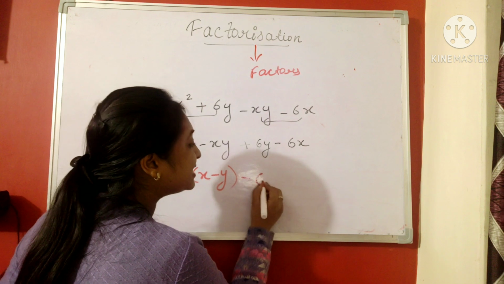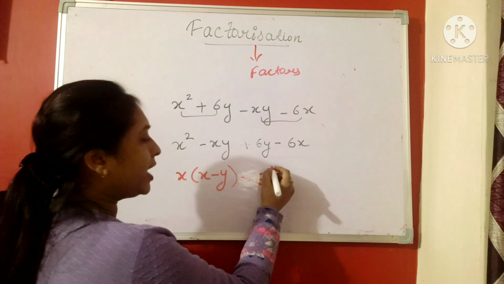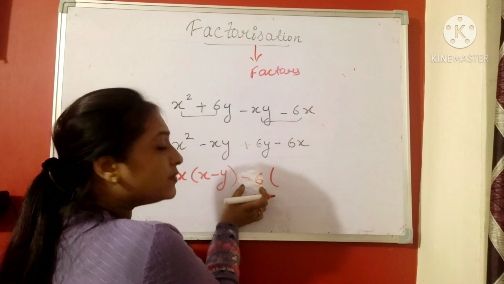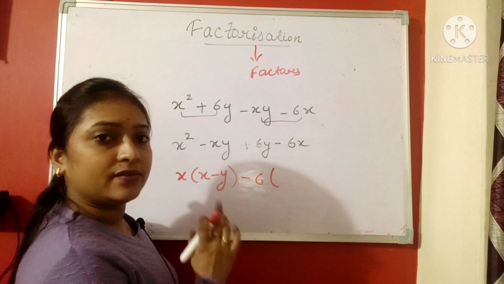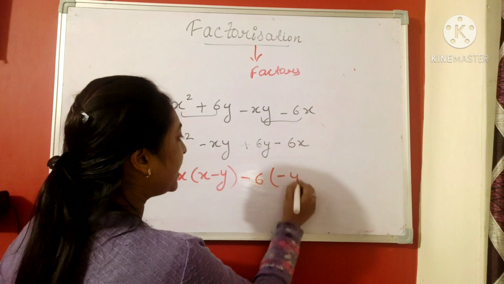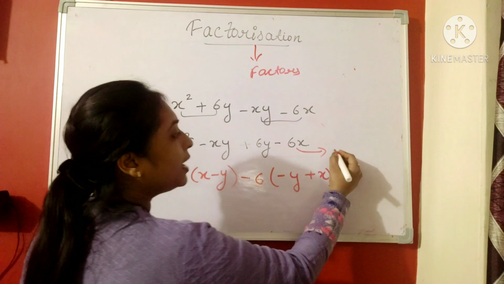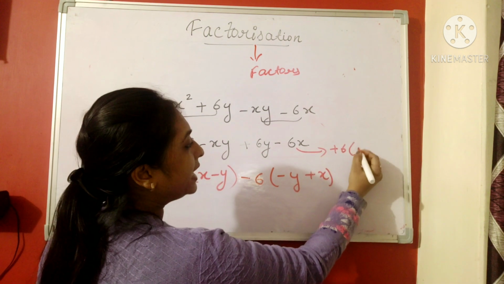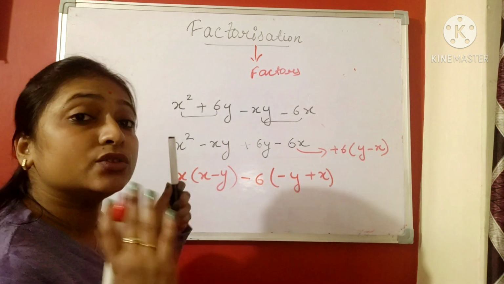We are going to take minus 6 common. When we take minus 6 common, the sign of this bracket will change, and it will be minus y plus x. If we had taken plus 6 common, then y minus x would have come, which is not required.